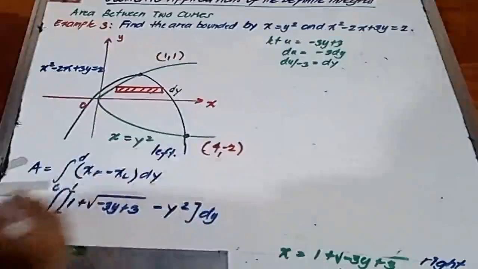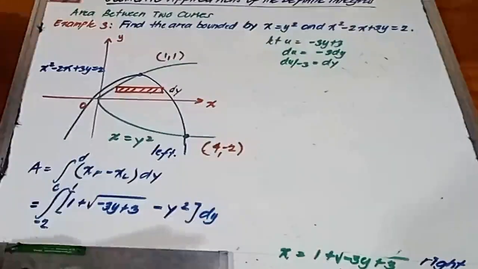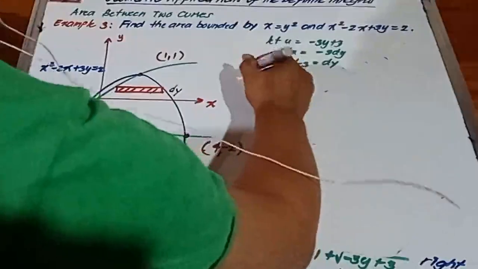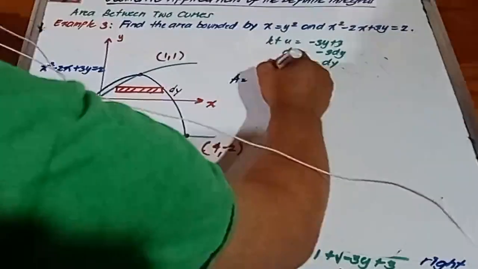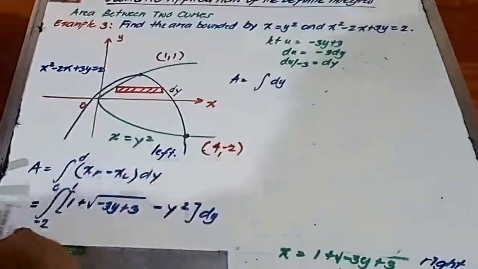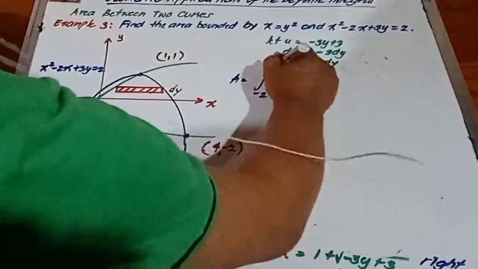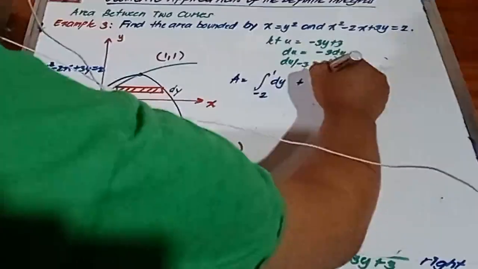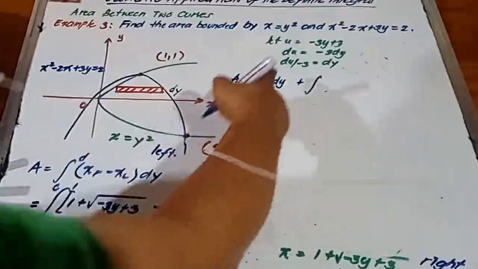Okay? Now, isa-isahin natin. Area is equal to integral of dy from negative 2 to 1, then plus integral of, anong u natin?